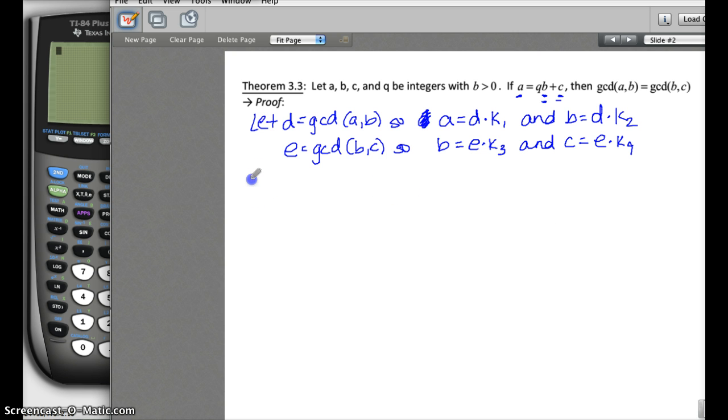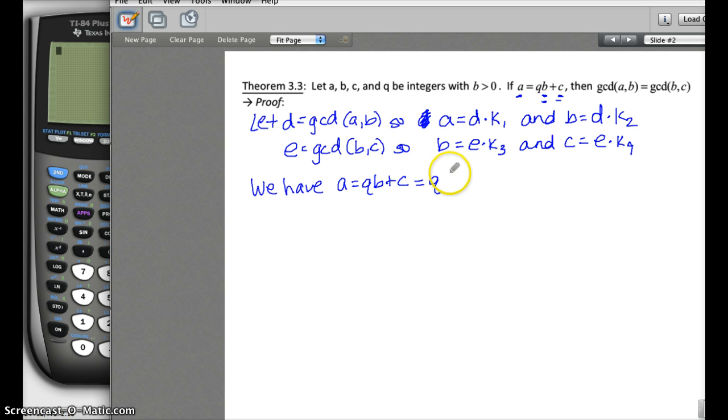So remember what we started with. We have that A is equal to Q times B plus C. Now I'm going to make some substitutions using what we just wrote above. In place of B, I'm going to use this definition that B is equal to E times K3.